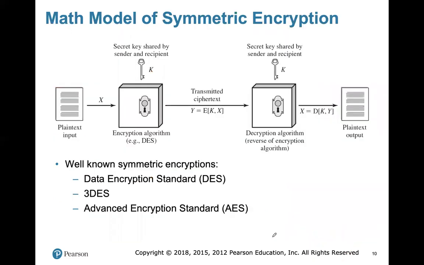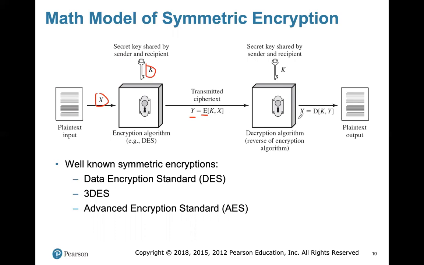Okay, here is a math model of symmetric encryption algorithms. We get the plain text X and the key, and here we have the encryption algorithm E, and this encryption algorithm E, we can see it as a function. It takes X and K as input, and it produces Y. So Y is actually the output of the function E, which is encryption, and K and X are the inputs of that encryption.